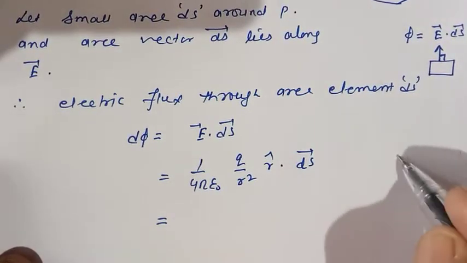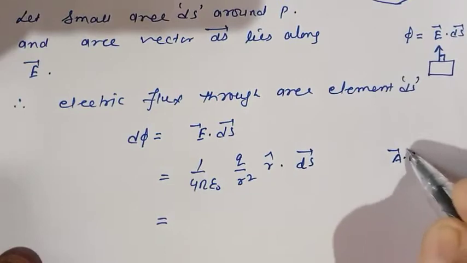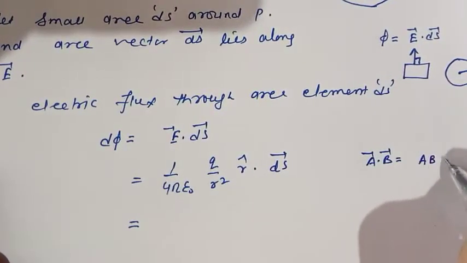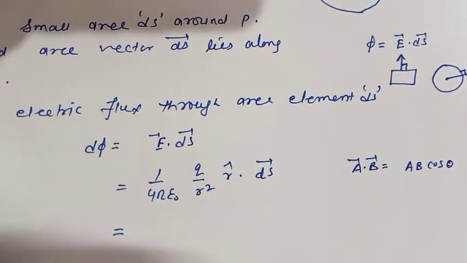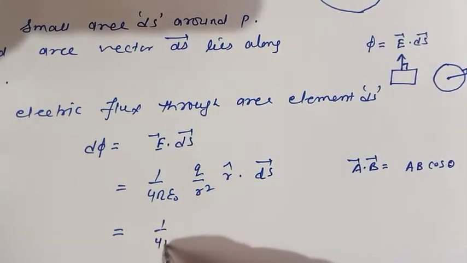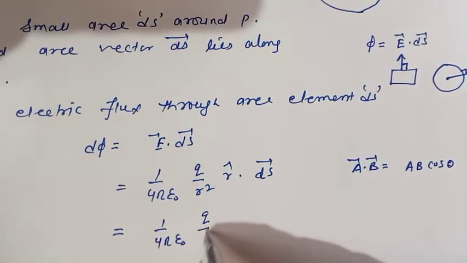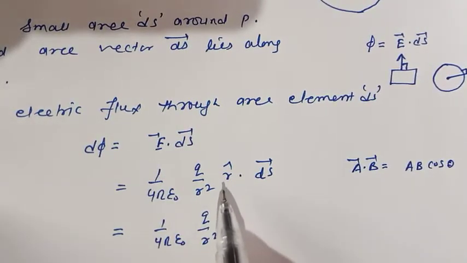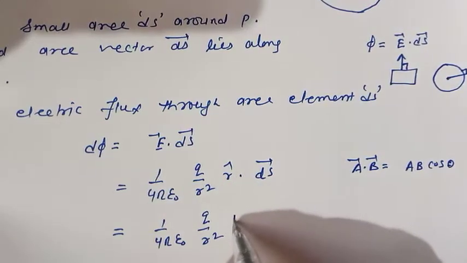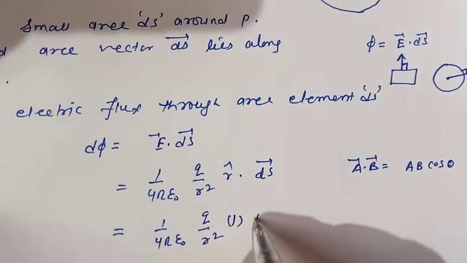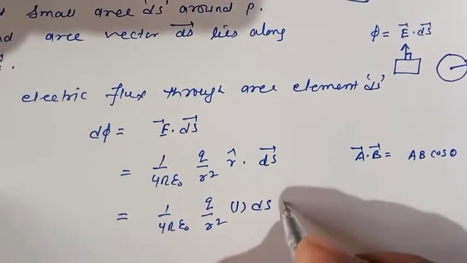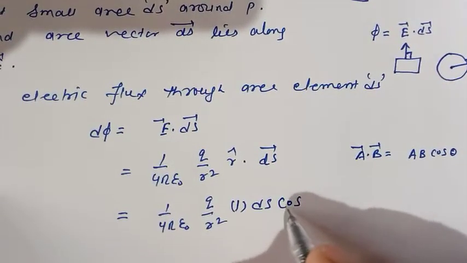A dot B, we have seen it: magnitude of A, magnitude of B, and cosine of the angle between them. So apply it here: 1 upon 4 pi epsilon 0, q upon r square. This is a unit vector, so its magnitude is 1. The magnitude of the area vector is ds. Then the cosine of the angle between them.